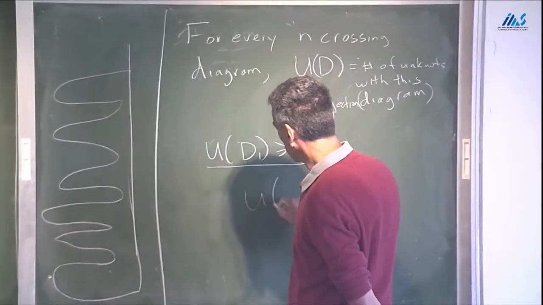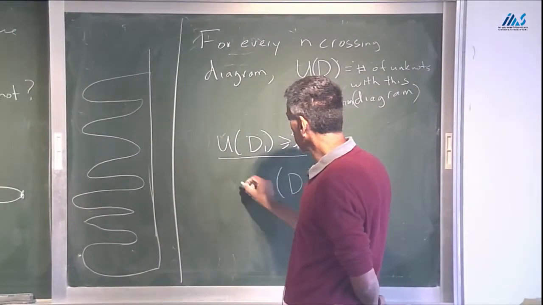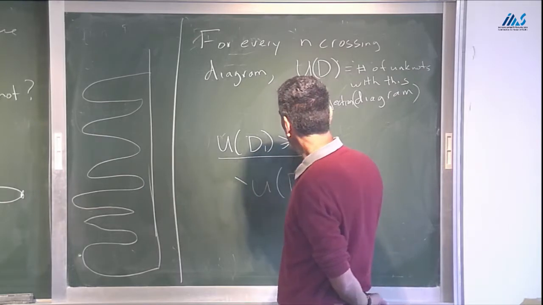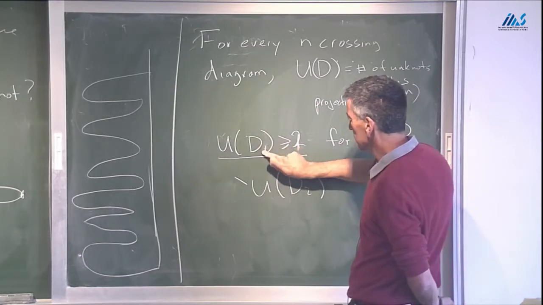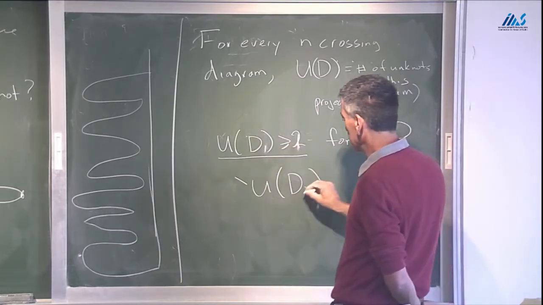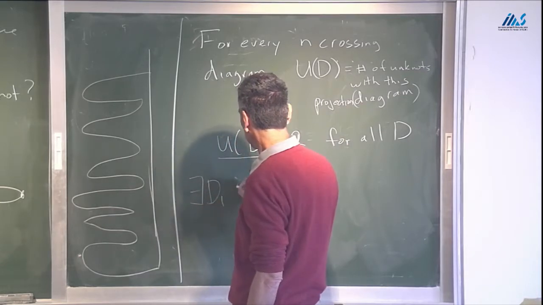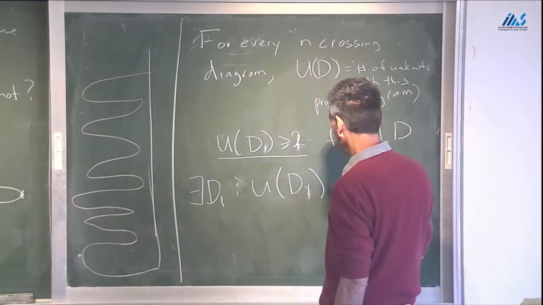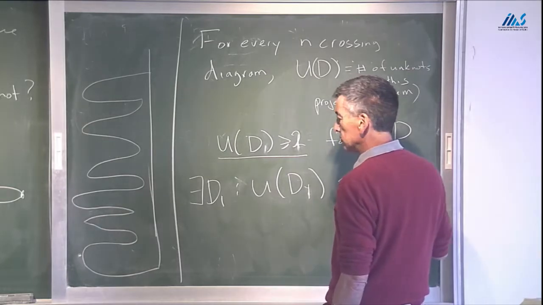The first one is for all diagrams, and the second one is there exists a diagram for which this is only 6 to the 1/3 to the n.